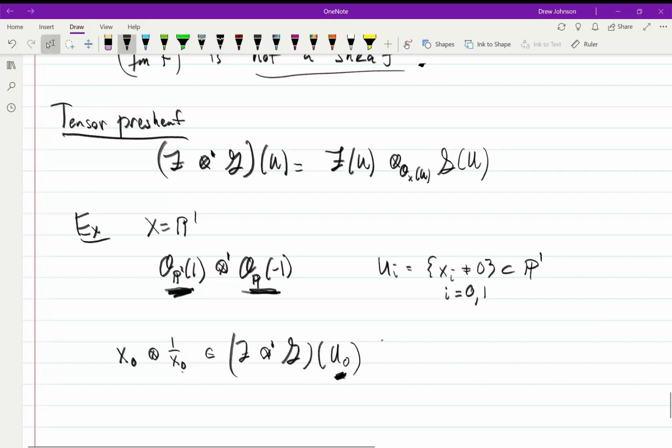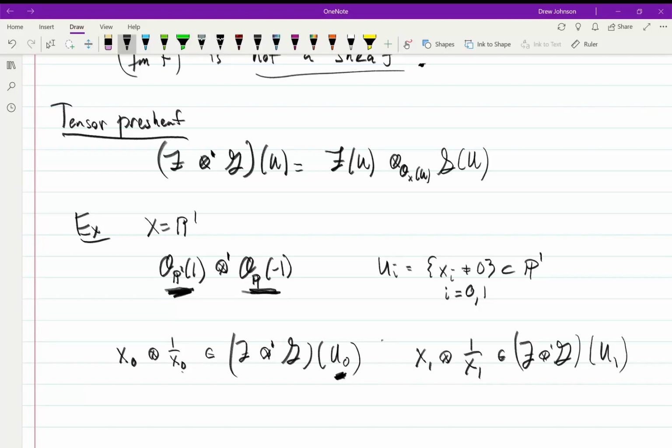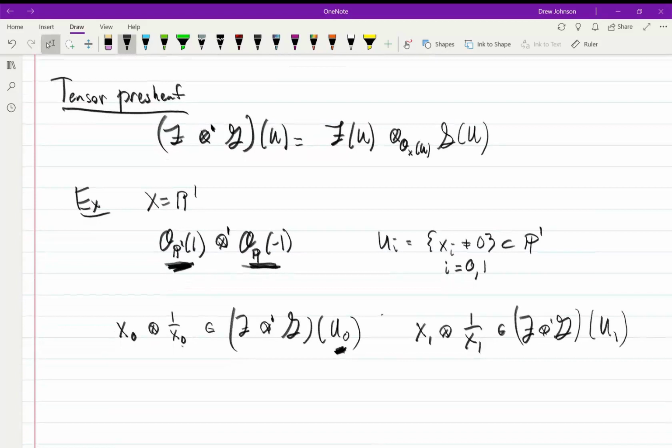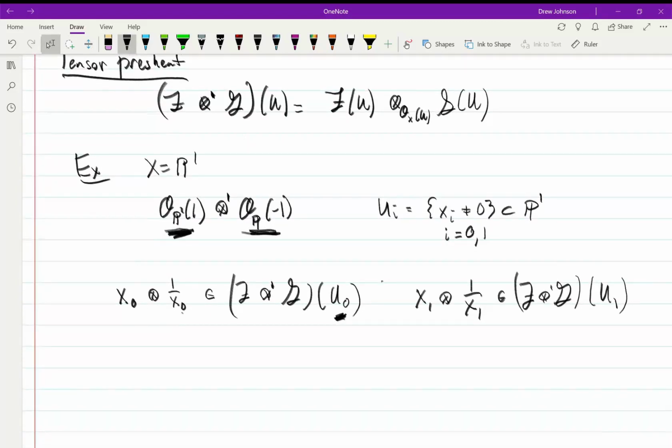Okay, and let's also look at x1 tensor 1 over x1, and this will be in F tensor prime G of U1. Okay, and looking at these, it looks like they should sort of be the same, right? Somehow the x0 should cancel out and the x1 should cancel out, and in fact they do agree on overlap.